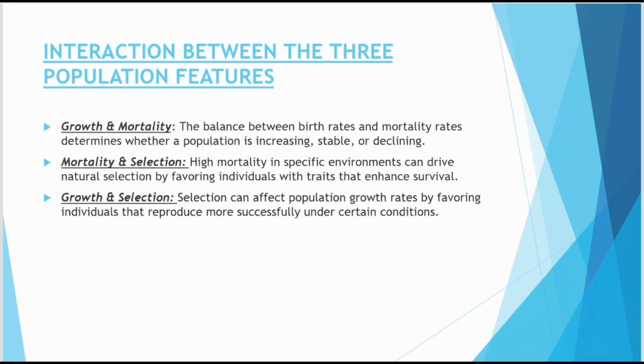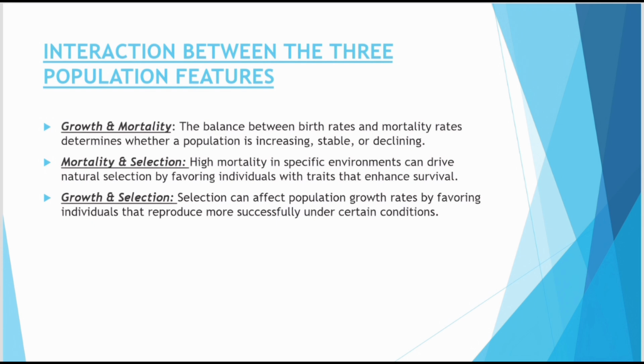There should be a balance between the birth rate and the mortality rate. If the mortality rate is much higher than the birth rate, the population is declining. If the birth rate is much higher than the mortality rate, the population is increasing. And if there is a moderate balance between the birth rate and mortality rate, then the population is in a stable condition.